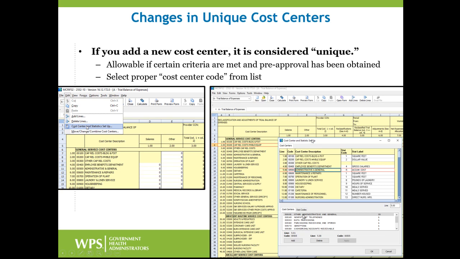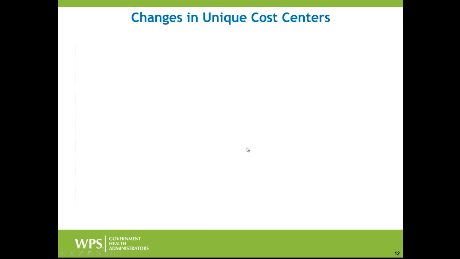So you are supposed to choose the one that most closely matches it. Some of them can be subscripted, like this first one, the other A&G, which has 35 subscripts you can use. But the point is you have to pick a cost center code to further break down what type of A&G that is. So these are the unique cost centers.